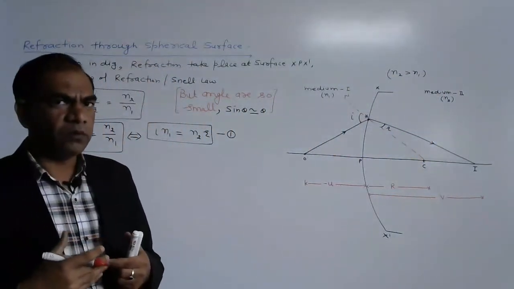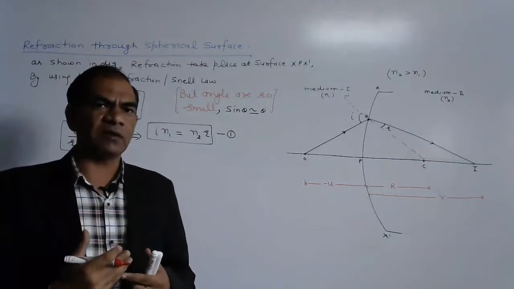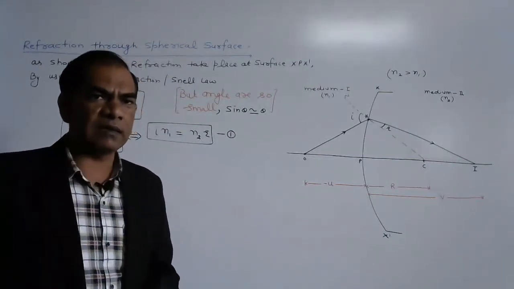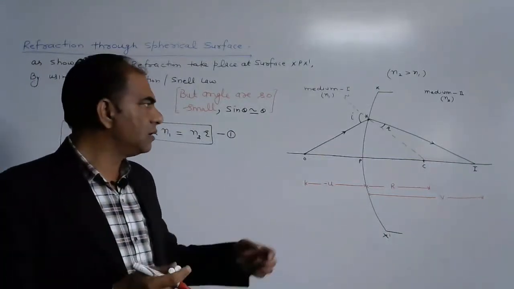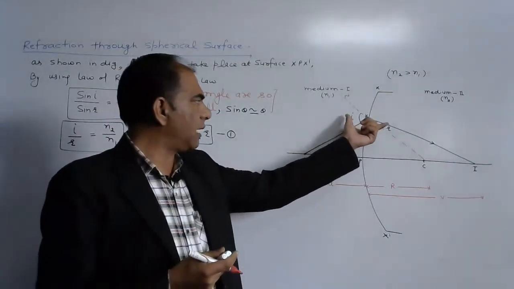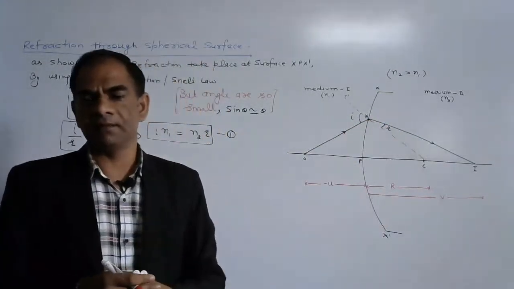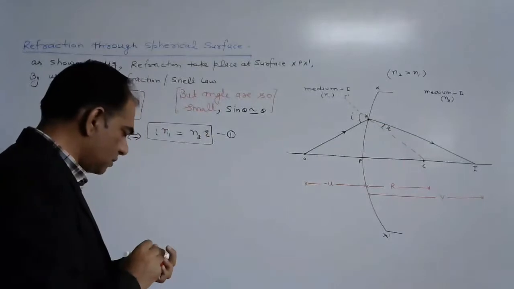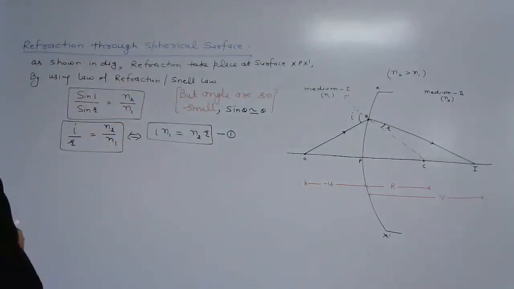How can we convert or correlate from angles to these distances? So we consider some parameters here.